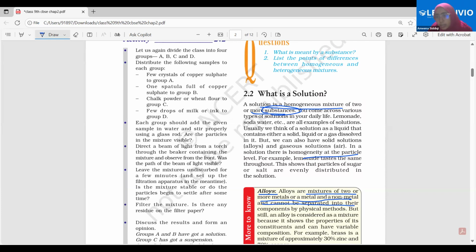They have chemical bonding, yet they have variable composition. What can be the case with them? How can they be separated? Can they be separated through physical or through chemical methods?